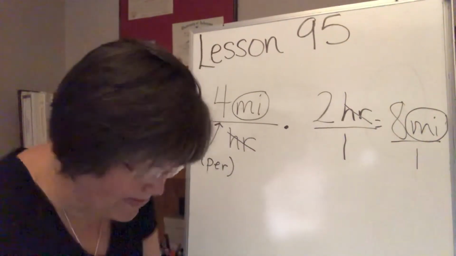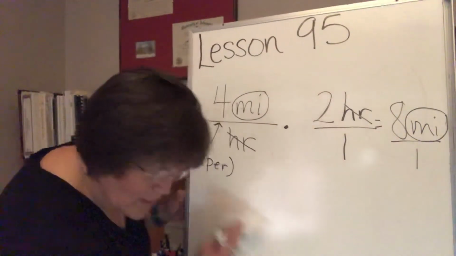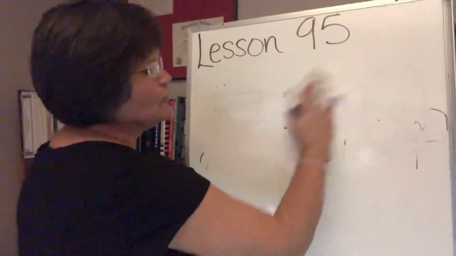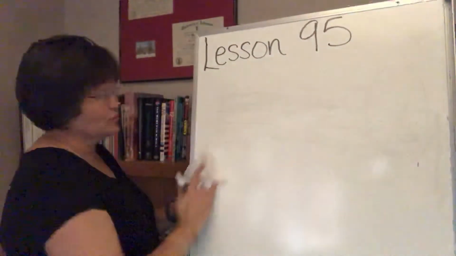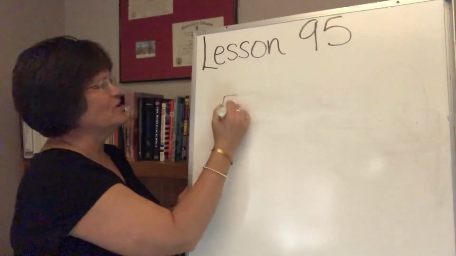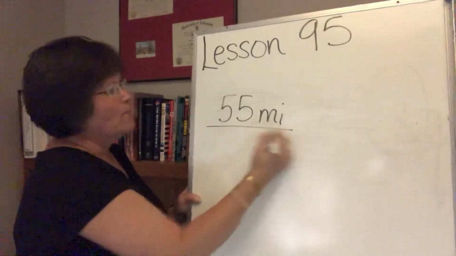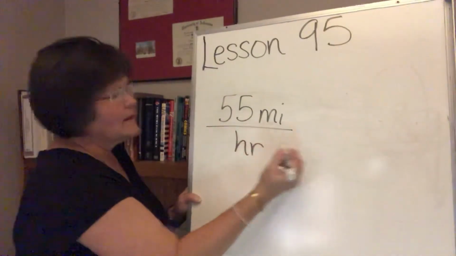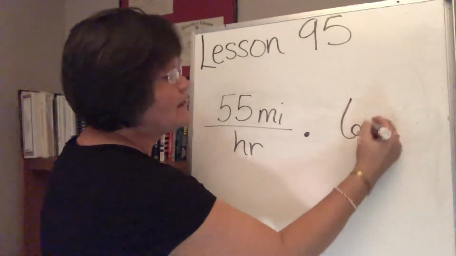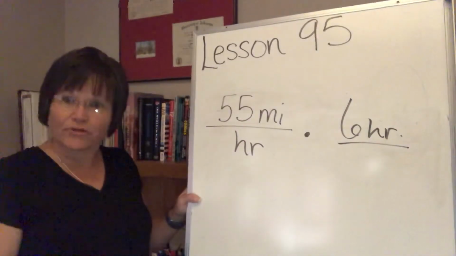Another problem that your book gives you is, let's say that you are going to travel 55 miles per hour. Hopefully you're writing these things down in your journal. If you're not, maybe go ahead and get out your journal and take some notes. Let's say you're traveling 55 miles per hour, and you travel for 6 hours. How far would you expect to go?